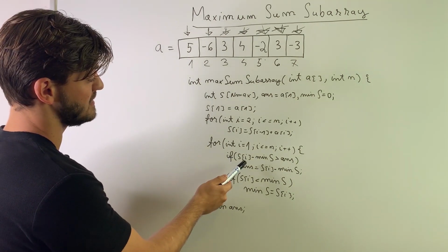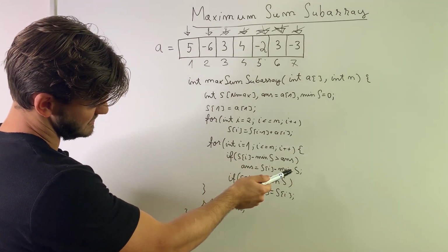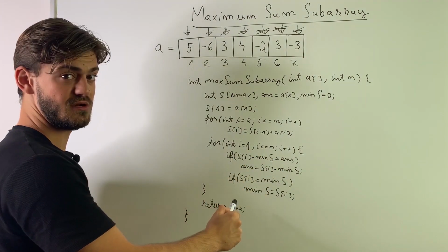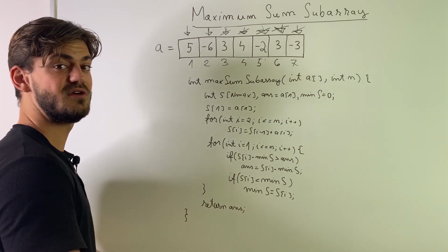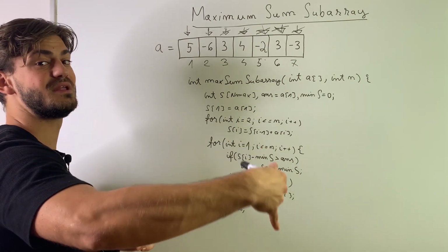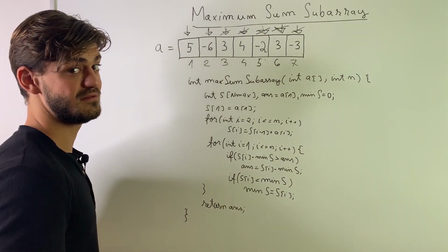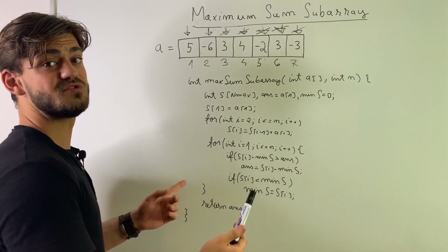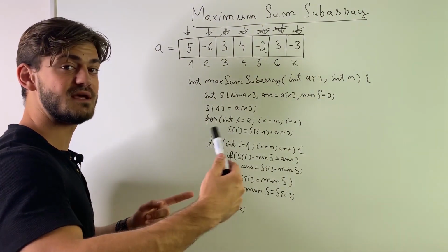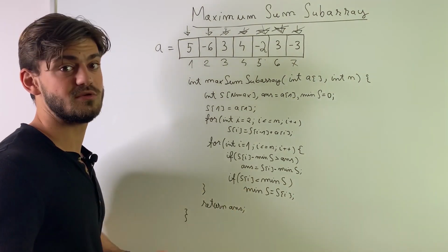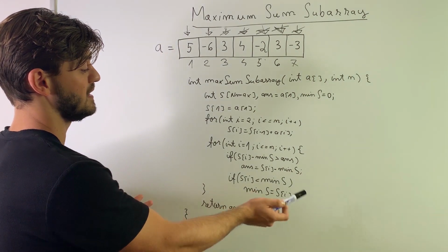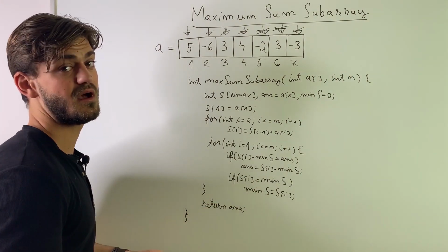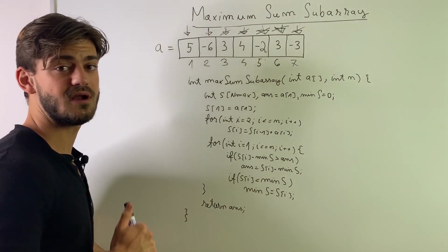If si minus min_s is greater than the answer, the answer becomes this expression, and after that, I'm just going to update the min_s variable for the next right pointers that are definitely going to need it. So if si is now smaller than min_s, definitely min_s is going to become si, and in the end return answer.